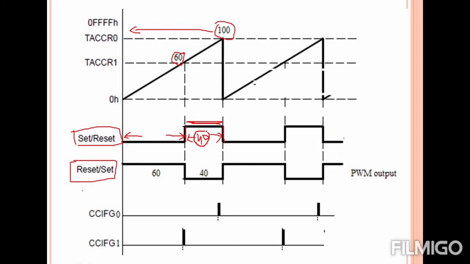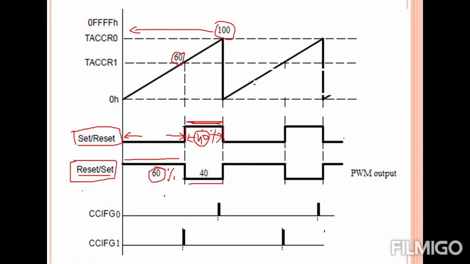Here duty cycle is 40%. So in set/reset output mode, the duty cycle is 40%. And coming to reset/set mode, here 60% of the time the signal is in on state and 40% of the time the signal is in off state. Therefore, here the duty cycle is 60% because the signal is on for 60% of the time.